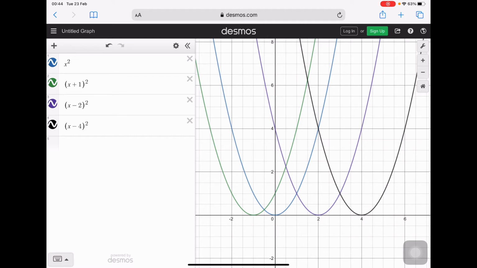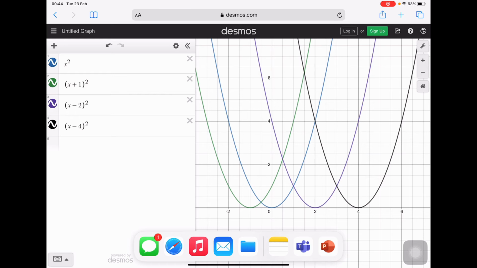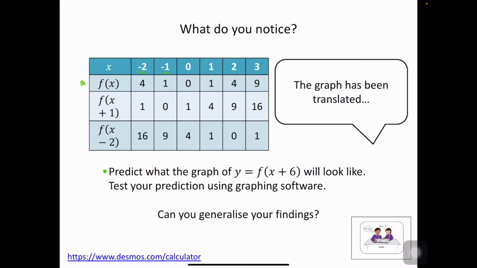And when it is x take away a value, then we are shifting it to the right. So if we have f of x plus 6, then that means we will shift our graph to the left. So we'll look something like this.